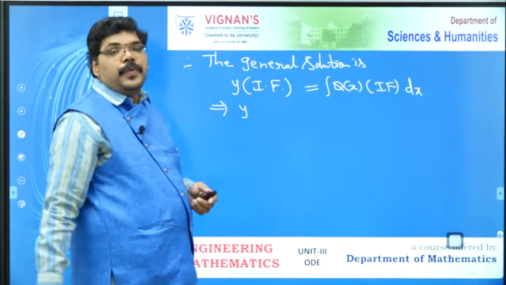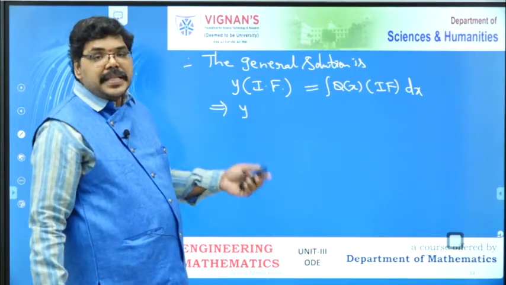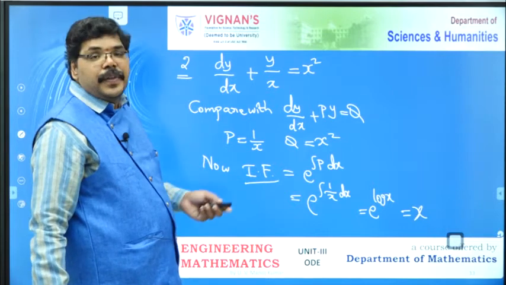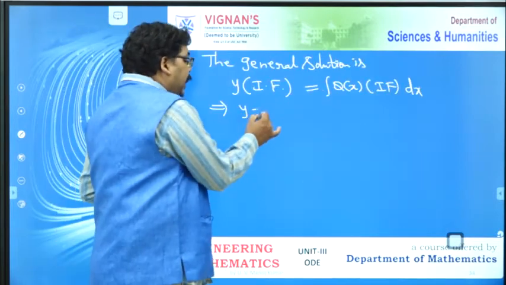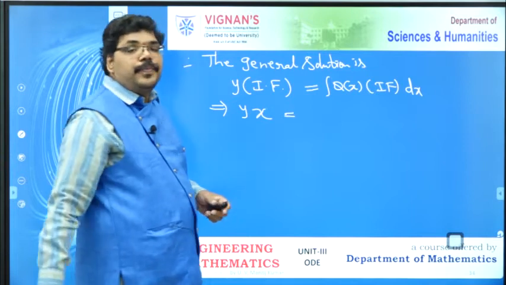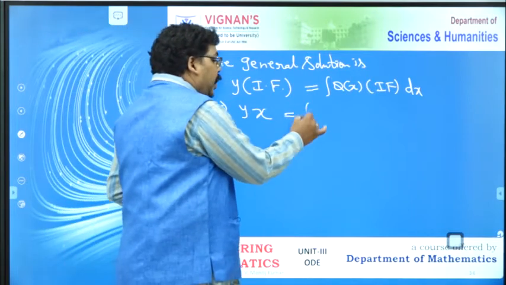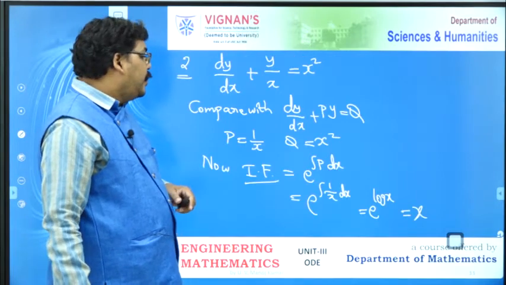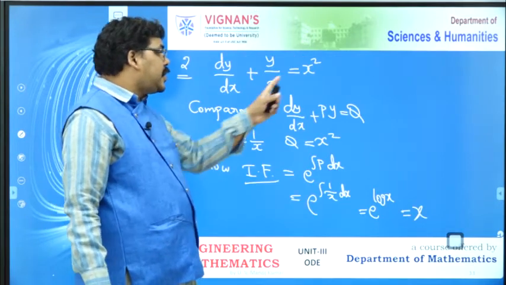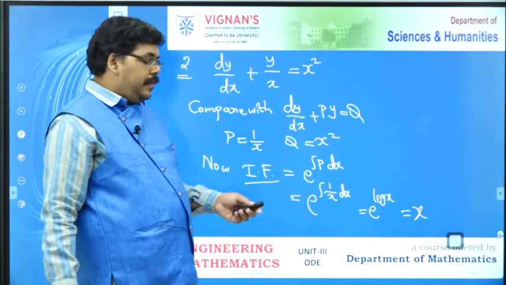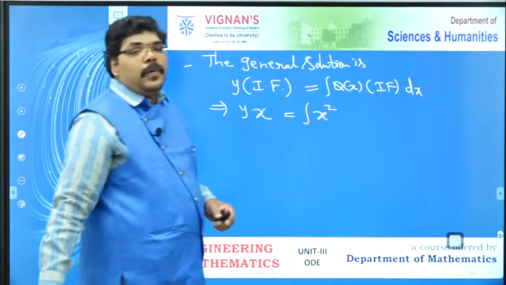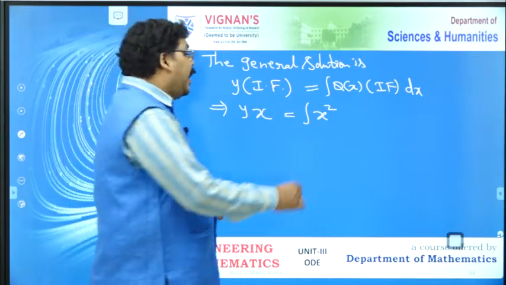So y into, what is the integrating factor? We just calculated it. What is its value? X. So y into x equals integral of, what is q of x? See the problem. What is q of x? X square. What is the integrating factor?